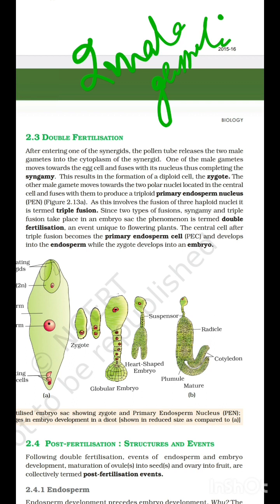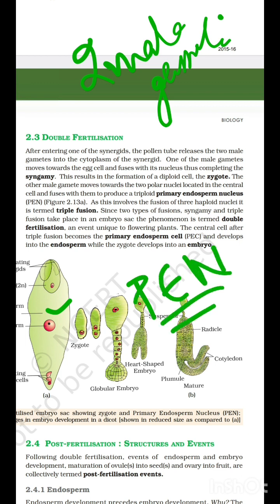One fuses with the egg cell in the process known as syngamy and forms the diploid zygote. The other male gamete moves towards the two polar nuclei and fuses with them to form the primary endosperm nucleus or PEN, having 3N or triploid. As this involves the fusion of three haploid nuclei, it is termed triple fusion.